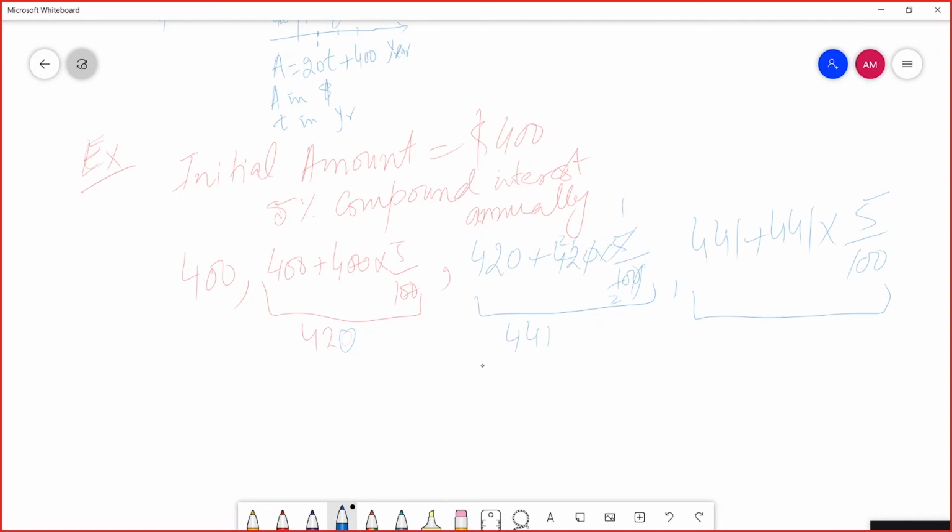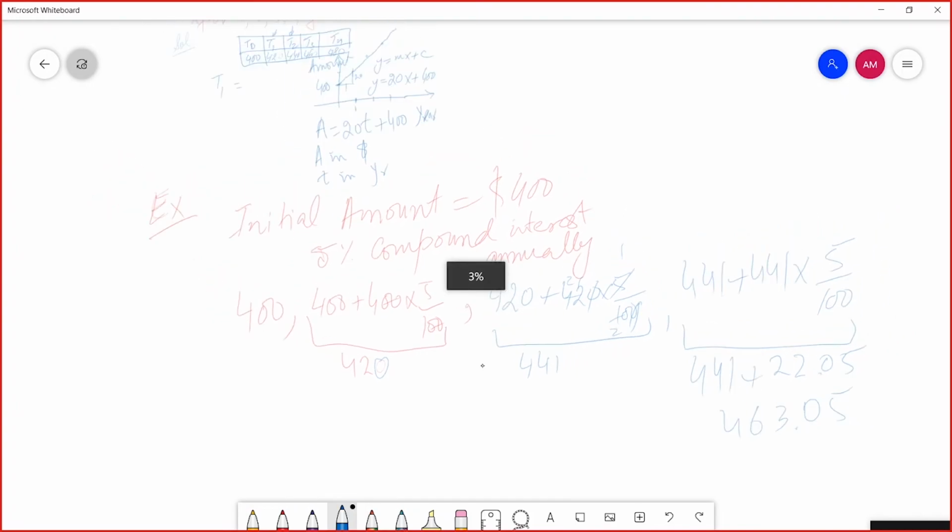So 441 times 5 is equal to 22.05, right? And if you add them, this becomes 463.05. So this becomes 400, 420, 441, and then 463.05.